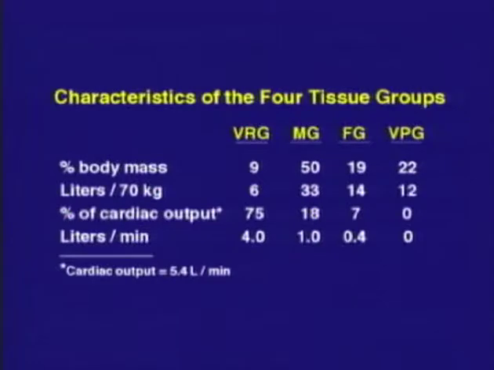And this, too, is reflected in the FA/FI ratio. So we have several tissues that we need to consider. In fact, the body tissues can be grouped into 4 tissue groups that are defined by their time constants. Some having short time constants, moderate time constants, and long time constants.